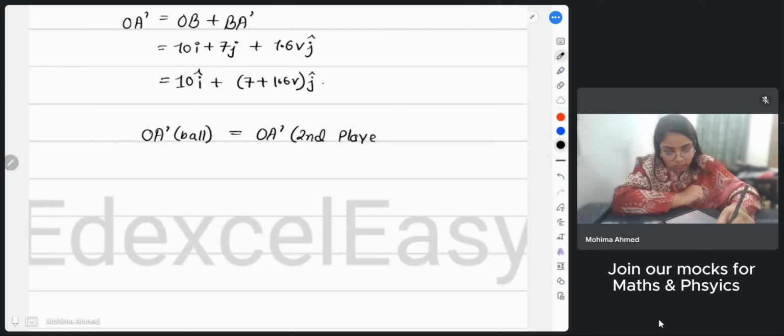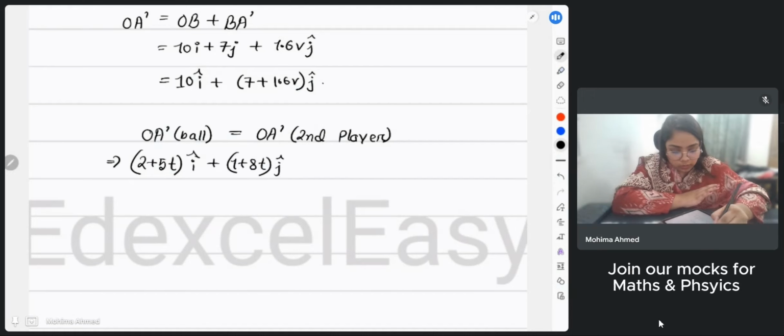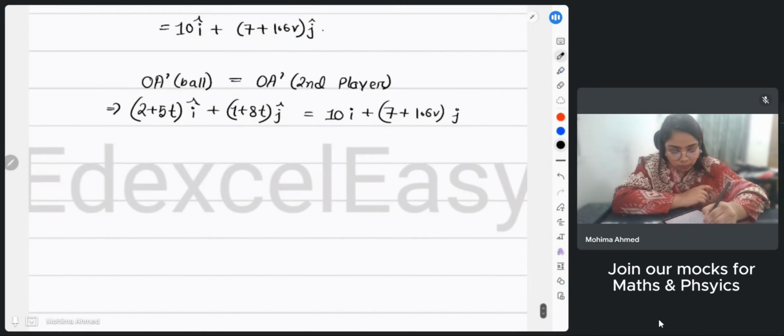OA prime in terms of the ball was 2 plus 5T I and then 1 plus 8T J. I already know the value for T was 1.6. And for the player, 10I plus 7 plus 1.6 V J. I'm obviously not going to consider the I coefficients because they don't have V. I want to find the value for V. V was in terms of the J coefficients. So I'm just going to compare J coefficients over here.